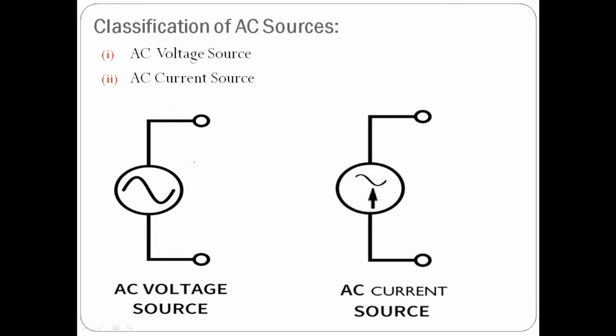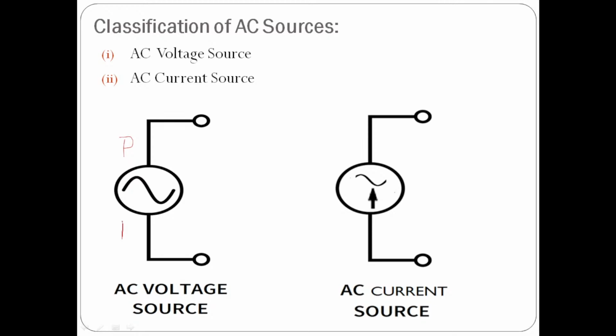Usually, the terminals of DC sources are plus and minus. Here in AC, the terminals are known as phase and neutral. Current always comes out from the phase terminal and enters the circuit, and the phase terminal need not always be on the upper side.